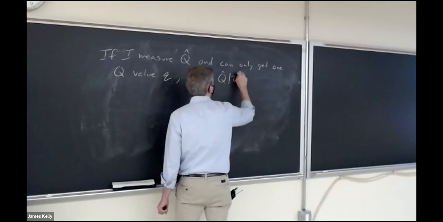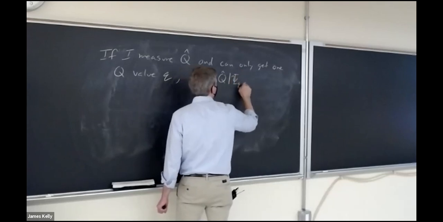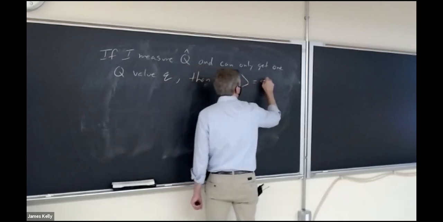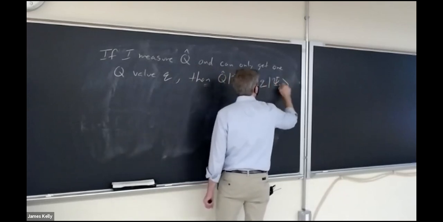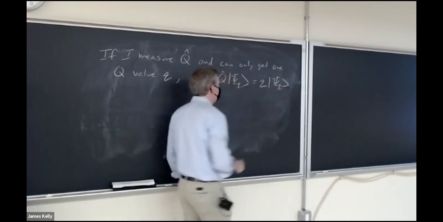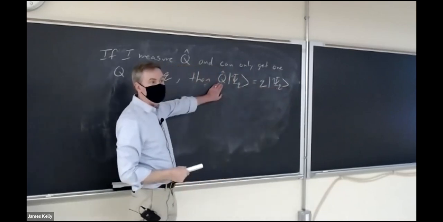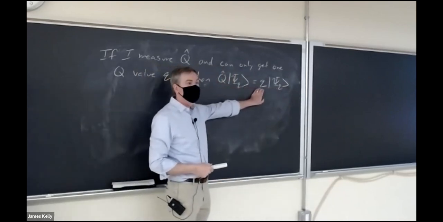Q operating on that state, which we're going to call psi q, is equal to little q times psi q, which is to say that this is an eigenvector of this operator, and this is the corresponding eigenvalue.